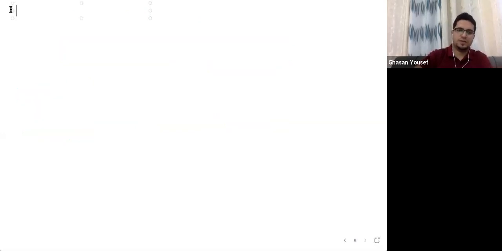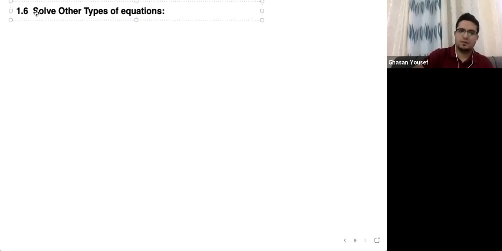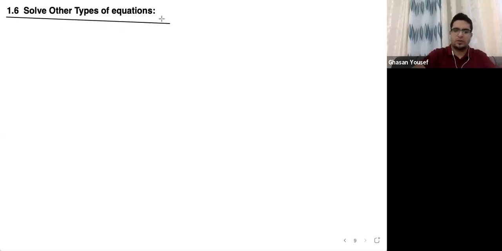Here, 1.6: solve other types of equations. This equation is not linear and at the same time not quadratic. So what does this equation look like? It will look like a fraction.